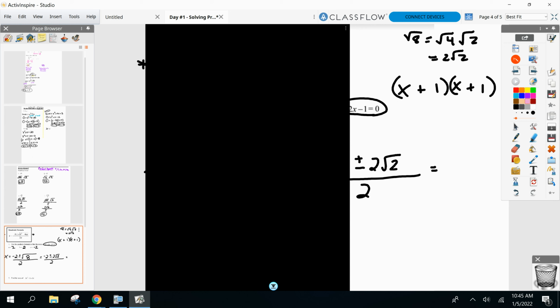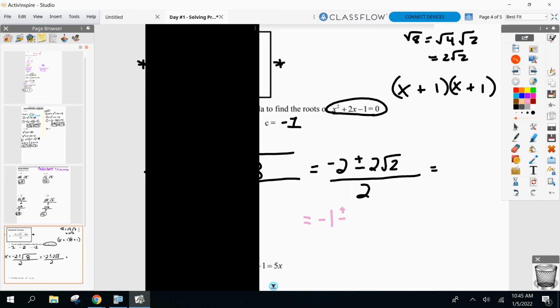Remember, I can't touch the radical 2. That's underneath the radical. But what happens to the 2's? They divide out, so it should be -1 plus or minus just radical 2. Both sides get divided by 2. Both sides are divisible by 2.